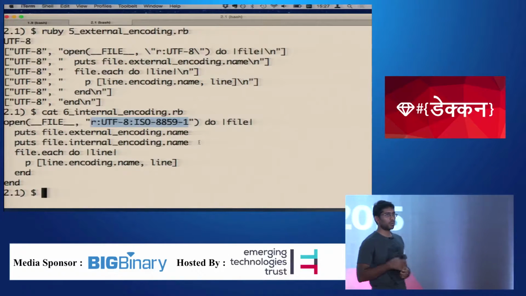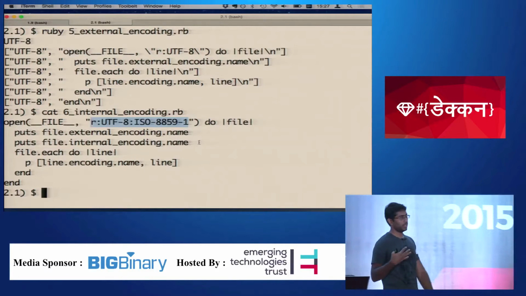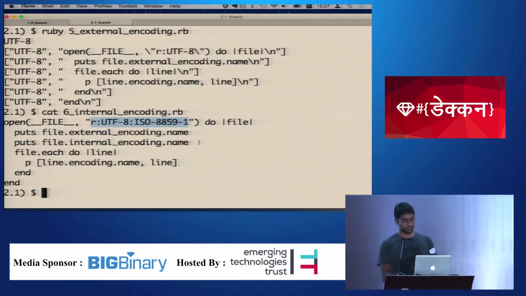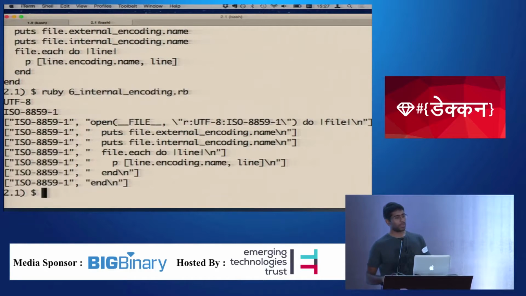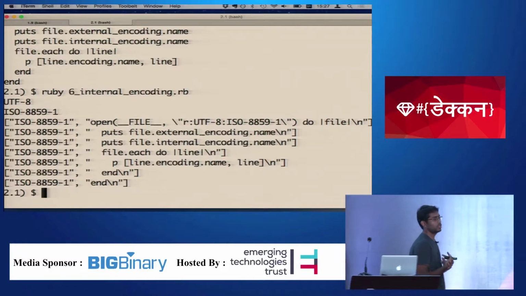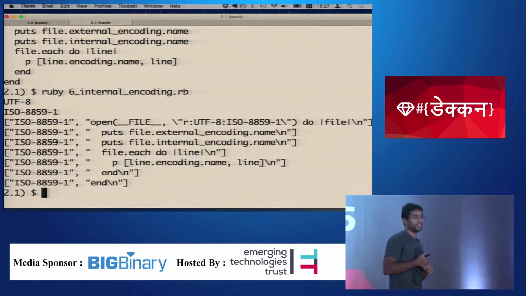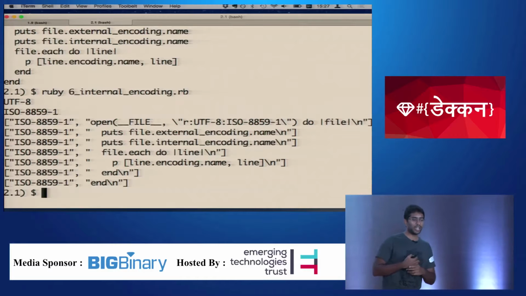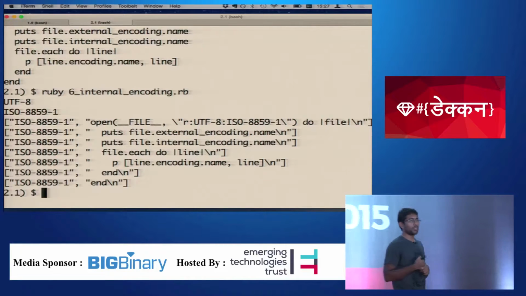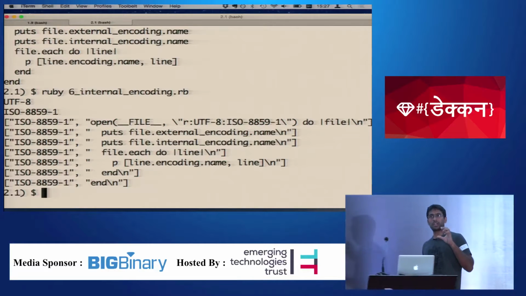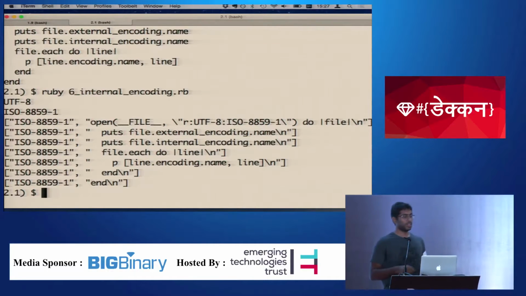What this means is, whatever data you read, you actually transcode that into the internal encoding, which is ISO. So if I run this, this is how it happens. Previously, all the strings which were extracted out of that file were tagged with UTF-8, but now they're tagged with ISO 8859-1. That means you've asked the Ruby program to transcode all your data into your own internal encoding, right? So that's how you do it.